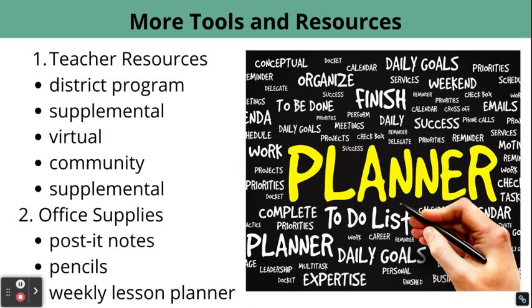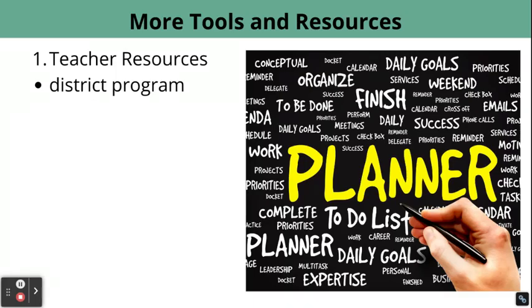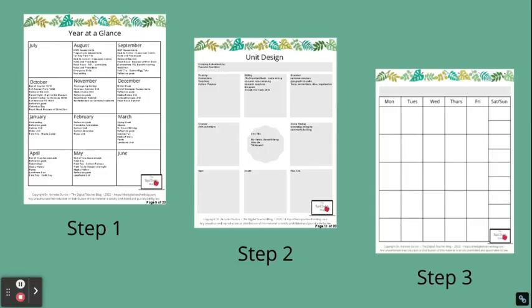And then here is where you're going to start getting that weekly lesson planner. Okay, so let me go back up to this page before. There we go. So again, review, right? Step 1, you're at a glance. Step 2, we're just writing one unit, an interdisciplinary unit.